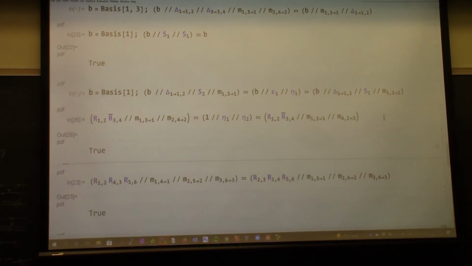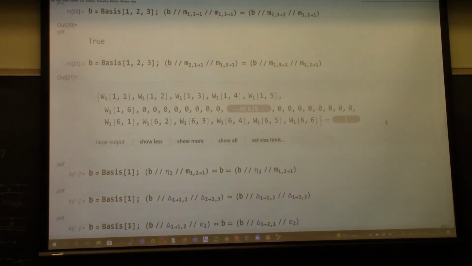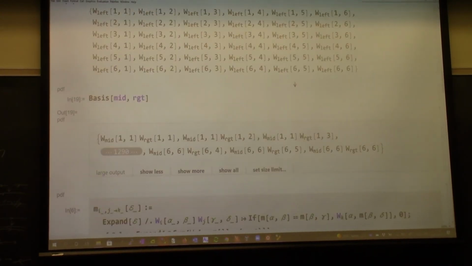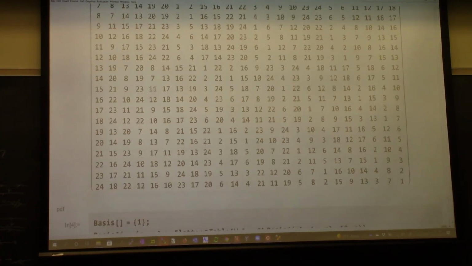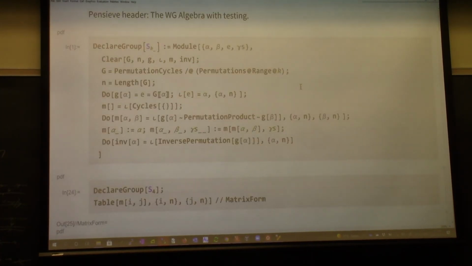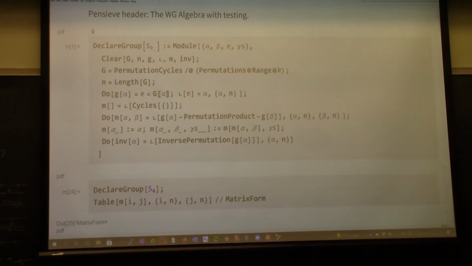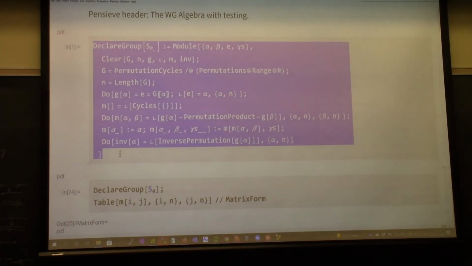And in principle, the only thing that depends on the group is this declare group part. I've written only the permutation groups, but you could have implemented any other group, and then the rest of the implementation is the same.